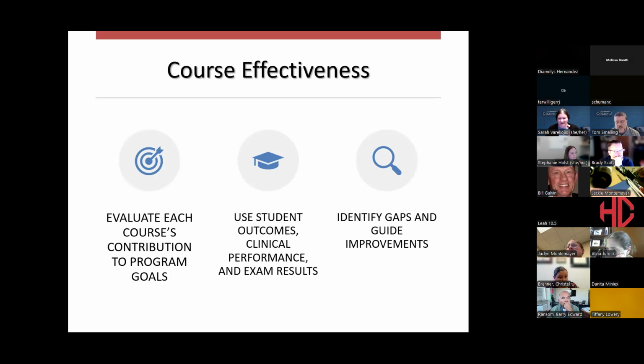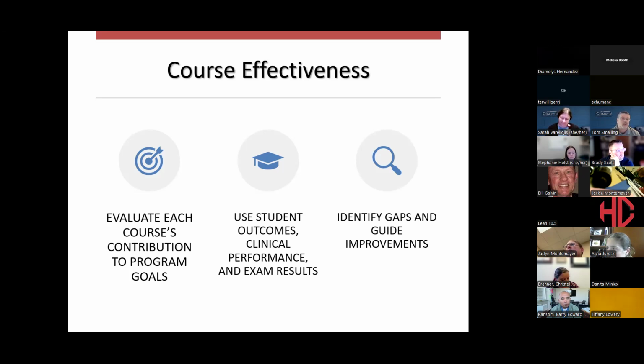So each course has to be evaluated for its contribution to the program goals. If a faculty member comes up and says, I've got a great idea for a new class, okay, how does it integrate with the goals? How does it integrate with everything else, with the expected competencies? Use student outcomes, clinical performances, and exam results. That is how you evaluate course effectiveness.